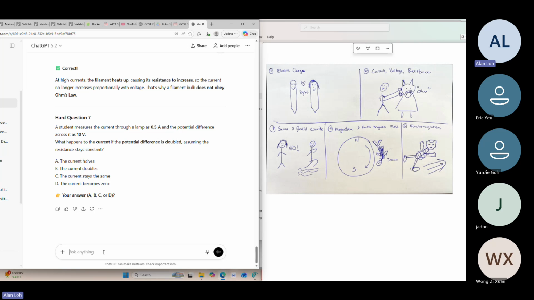Question 7. Let's go to Inje. The drawer is 2. Second drawer.